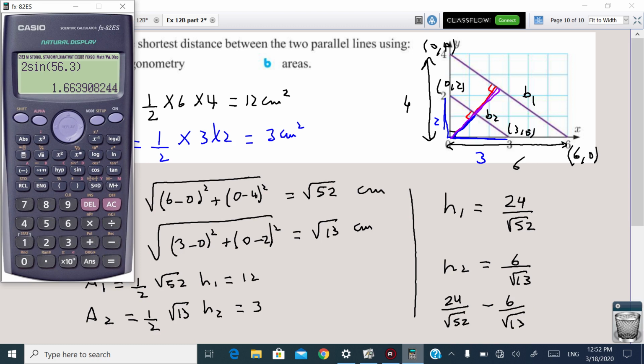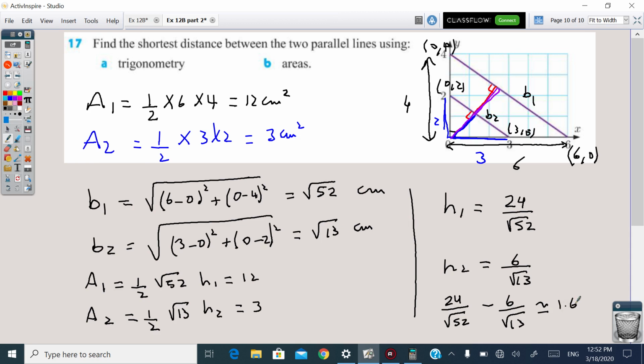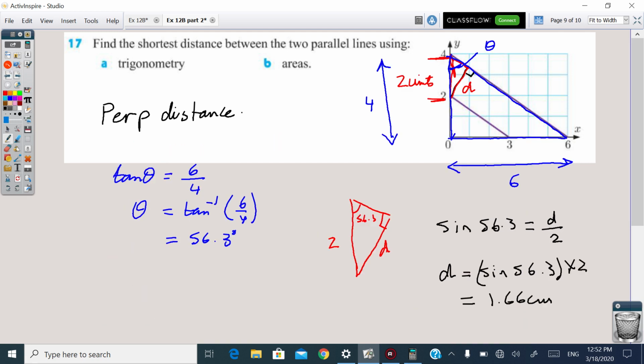And let's do that. 24 divided by root 52 minus 6 divided by root 13, and this equals 1.664. But to three significant figures, it's 1.66 centimeters. And if we compare the answers, what we got here was also 1.66 to three significant figures.